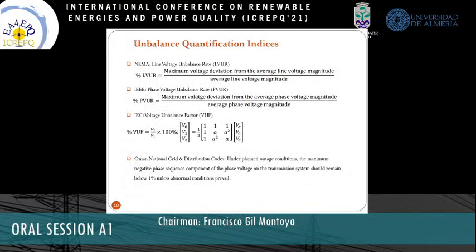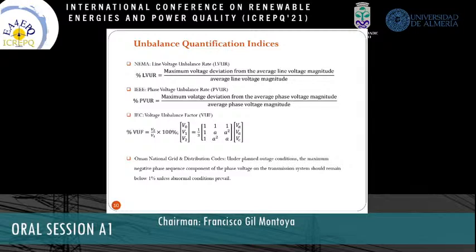These slides present the unbalance quantification indices. The National Electrical Manufacturers Association NEMA used the line voltage unbalance rate to calculate the unbalance as the ratio between the maximum voltage deviation from the average line voltage magnitudes to the average line voltage magnitudes.